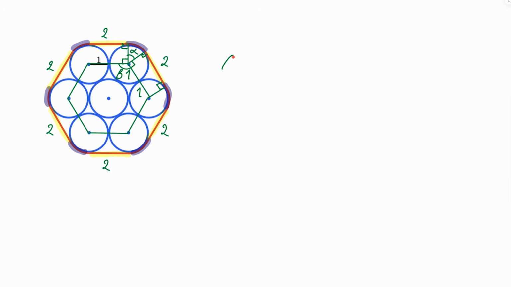And we can use a formula for this, which is beta is equal to n, the number of sides, minus 2 times 180 divided by n.